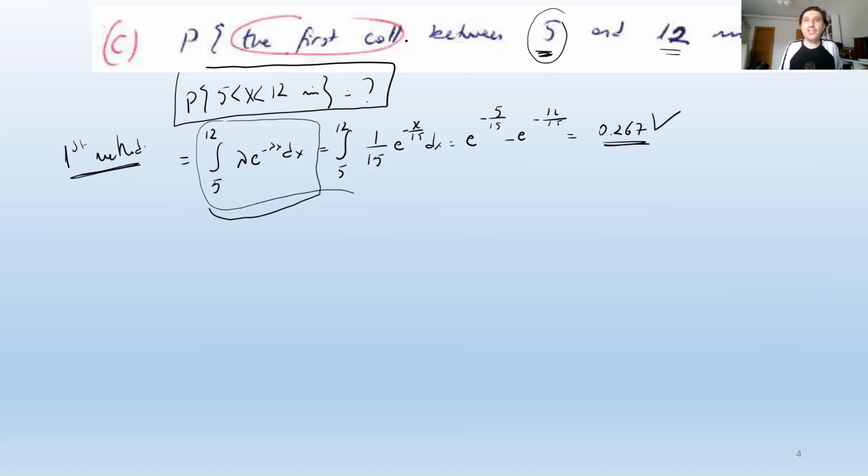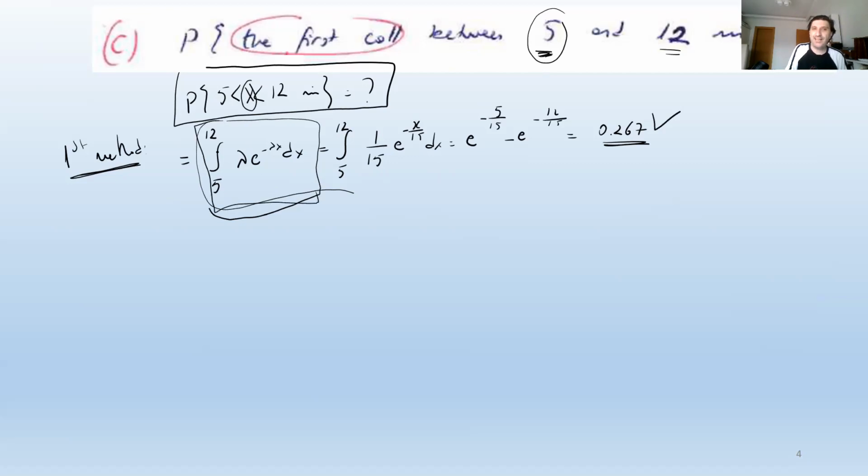But if the question asked, I don't care about the first 5 minutes, there may be a call, but there should be a call between 5 and 12 minutes, that wouldn't be the answer. That may seem tricky, but the important point here is to understand the meaning of this x and the corresponding integral.